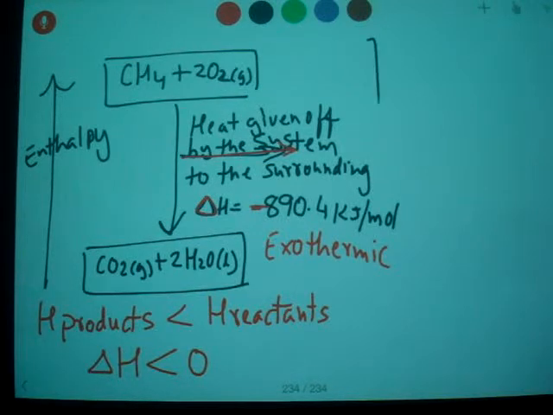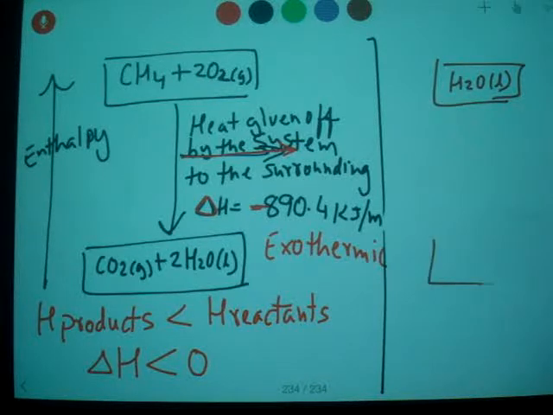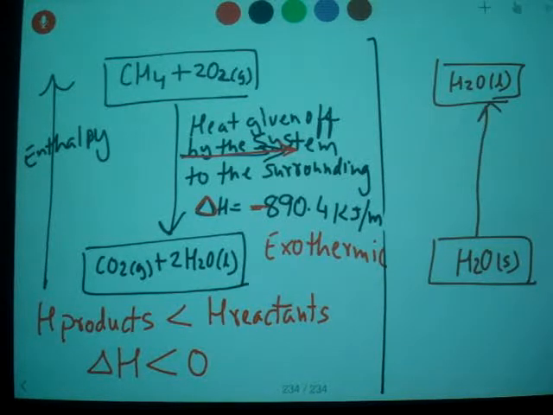Now I'm trying to draw it here and see if we can compare and understand it. Let's say we have H2O liquid and we have H2O solid. When we convert from solid to liquid, H2O, ice to water, you provide heat, right?